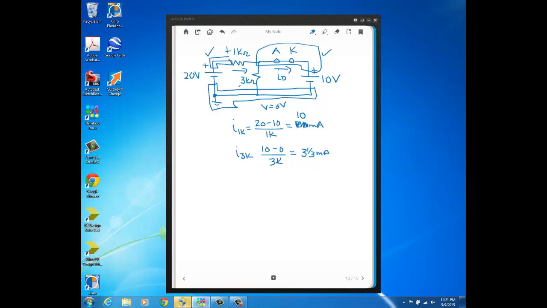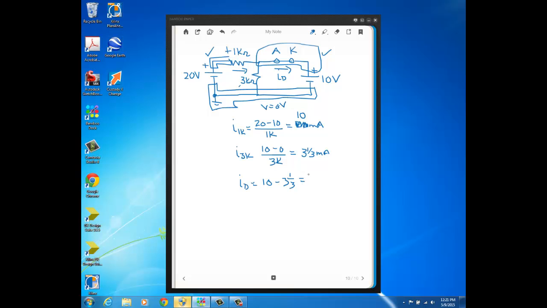milliamps. So now by KCL, the current through this short, which is the same current as the 10 volt source current since they're in series, ID is just going to be the current through the 1K, 10 milliamps, minus the current through the 3K. Because we know from KCL that currents at a node have to sum to 0.